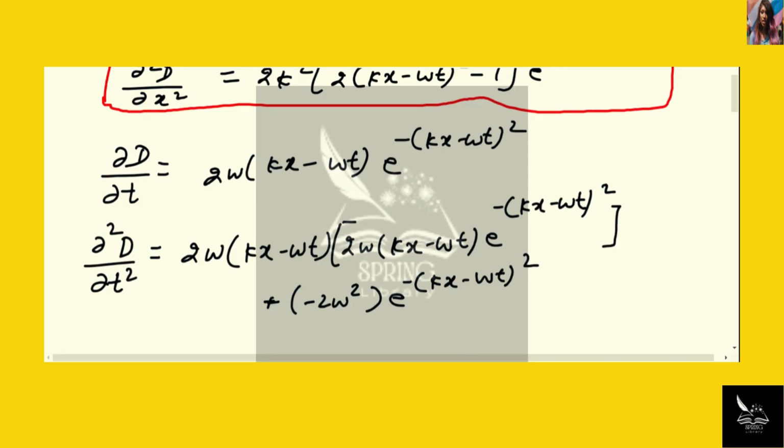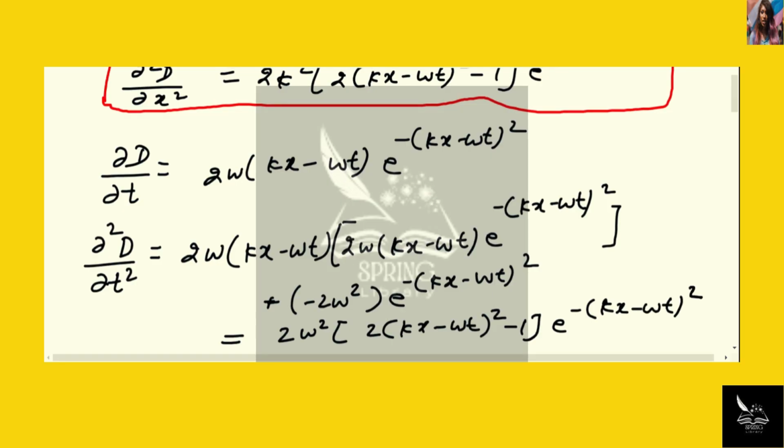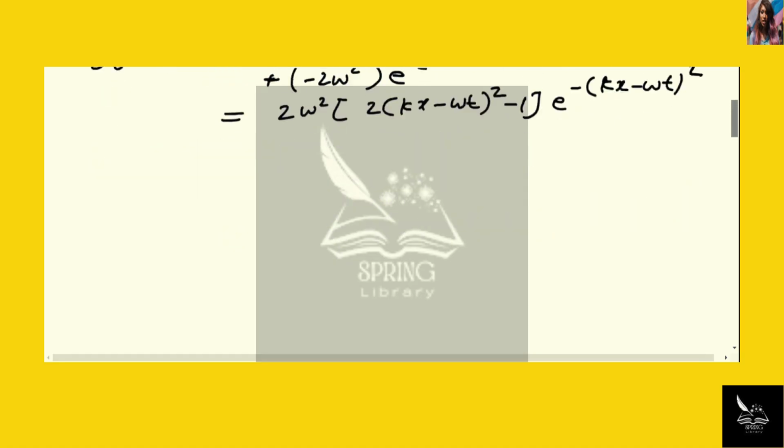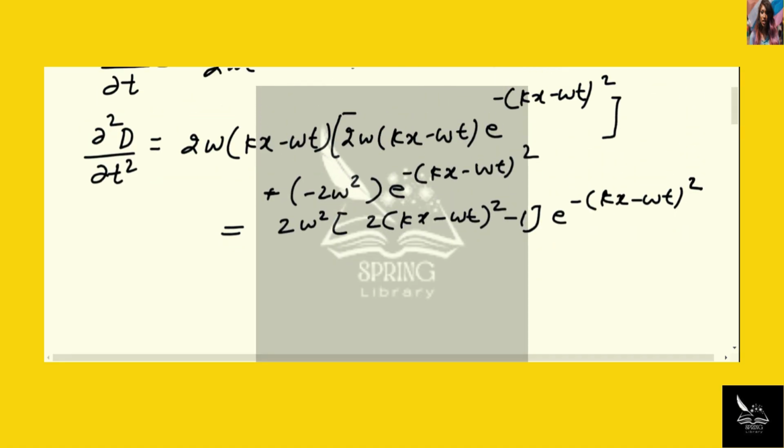So this will be equal to 2ω²[2(kx - ωt)² - 1] e^(-(kx - ωt)²). So this is the value of ∂²ψ/∂t².